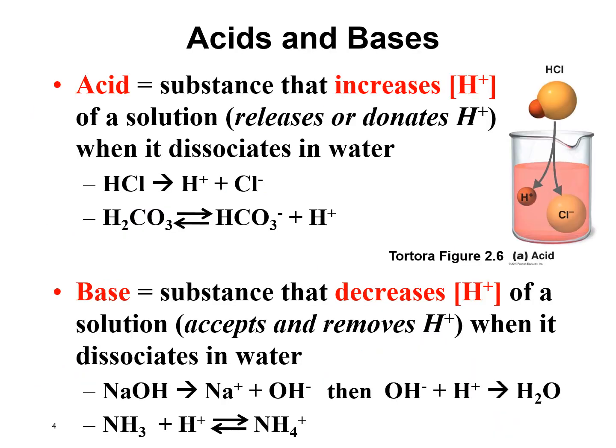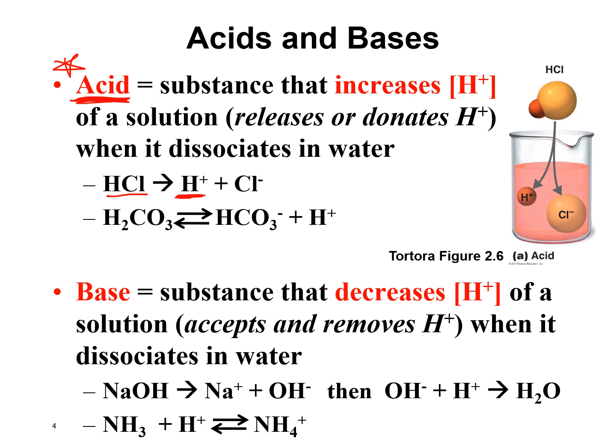Okay, next we have acids and bases. So make sure you know the definition of an acid. So acids are going to release hydrogen ions into a solution. So if you throw an acid into water, it will fall apart. So if we have like hydrochloric acid, for example, and you throw that into water, it releases hydrogen ions. And so that will increase the hydrogen ion concentration of the solution.